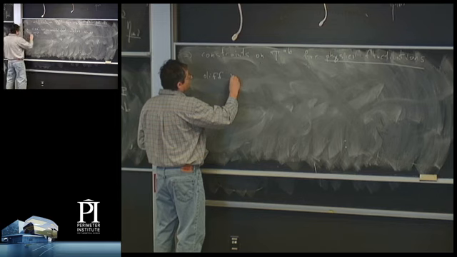So if I act with a covariant derivative, del A TAB, I will get 0.